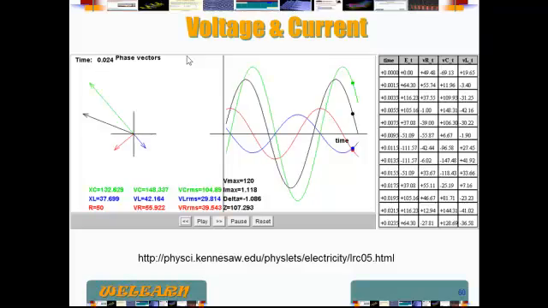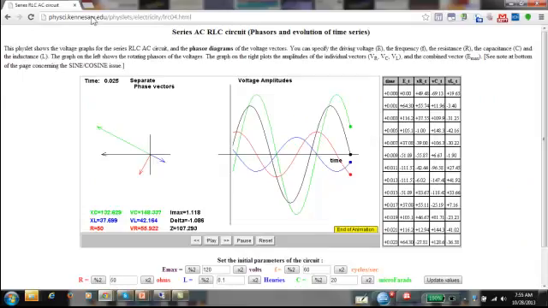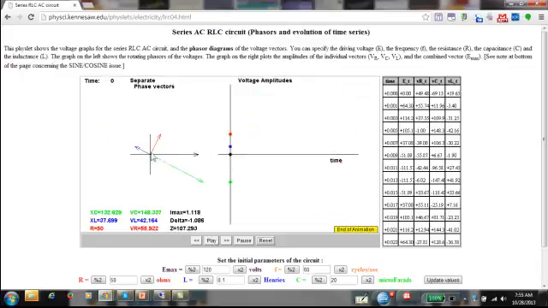So, for example, let's pull in the simulation. In this case, the colors are slightly different. We have green for VC, blue for VL, and red for VR. Let's reset it. VR is making an angle theta. VC is 90 degrees behind VR, and VL is 90 degrees ahead.